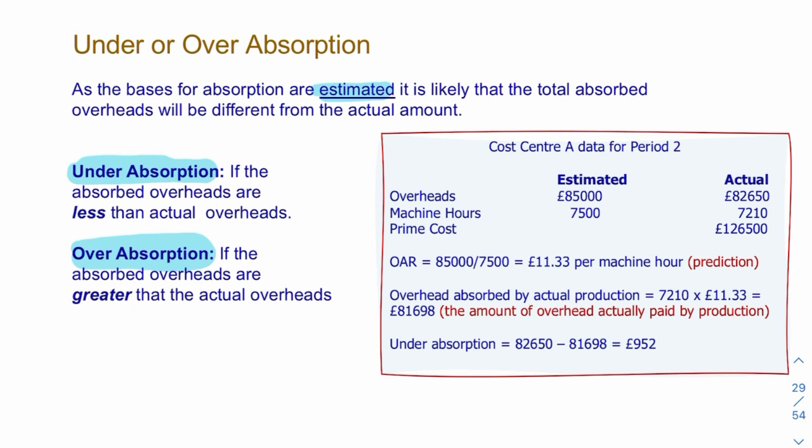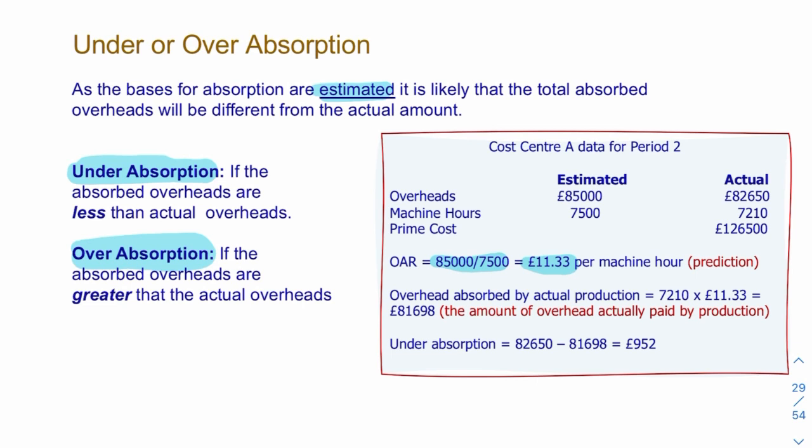So, for example, let's say you had an estimated overhead of £85,000. You project that your machine will be operating for 7,500 hours, and you calculate an OAR based on the ratio of those two. So you divide these two numbers, and that gives you an OAR of £11.33 per machine hour. That's your prediction.